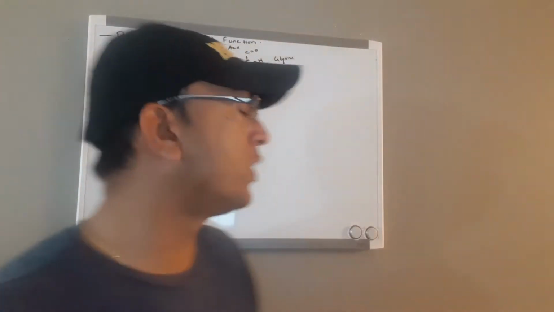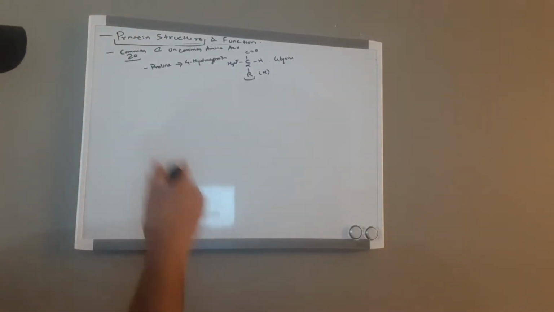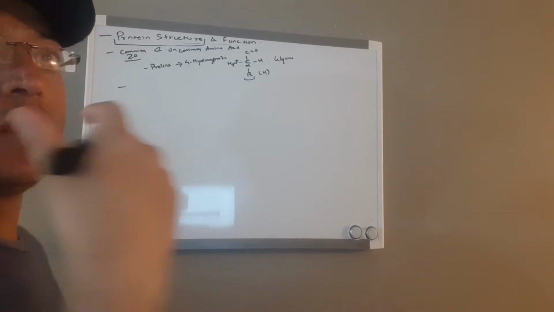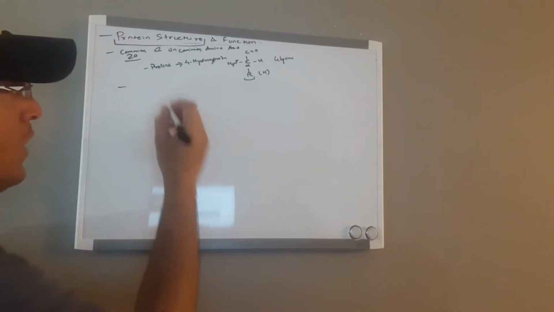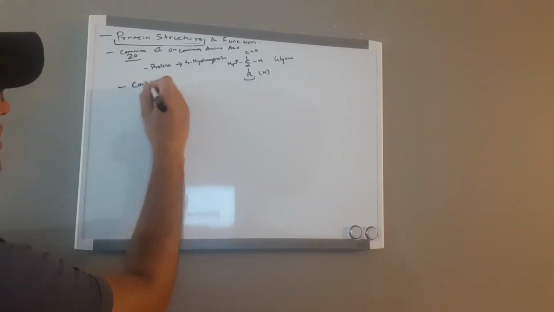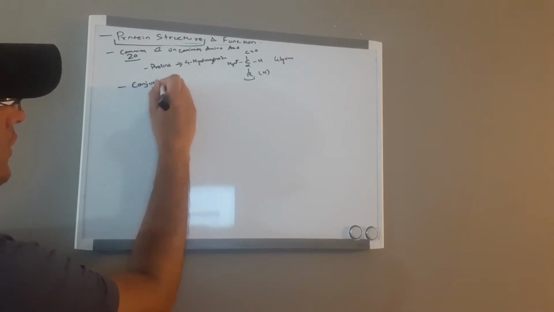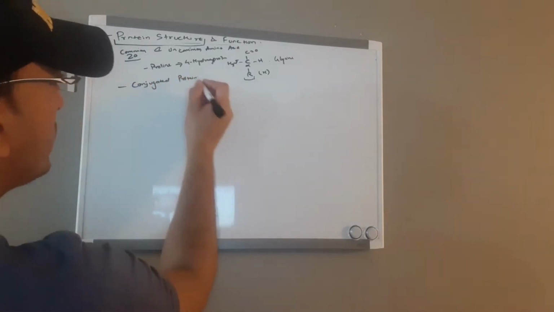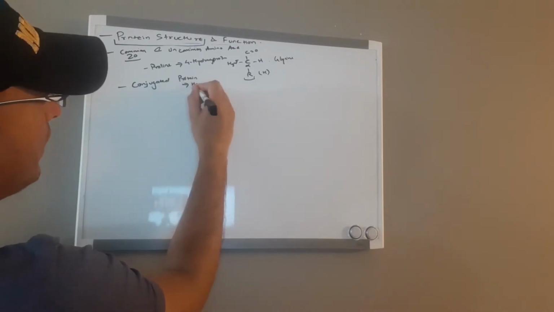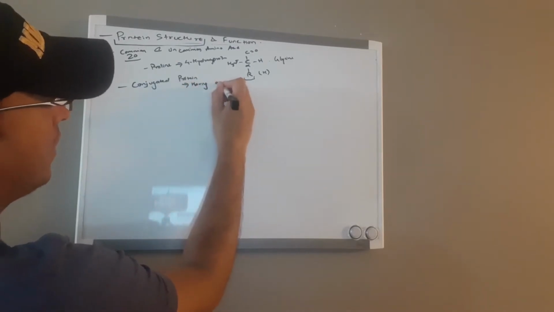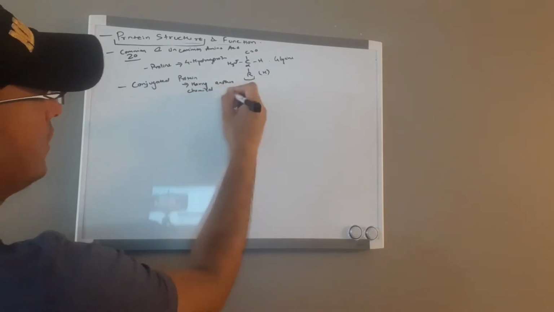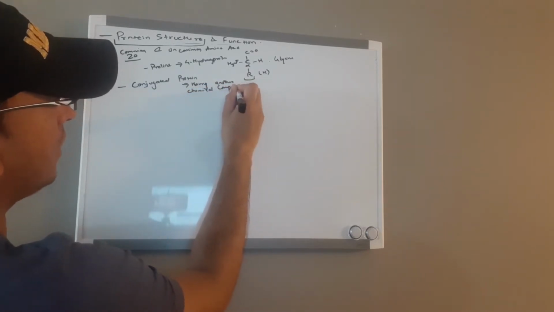Right? Then some proteins have, beside the amino acid group, another chemical component as well, and those proteins are known as conjugated proteins, and that group is known as the prosthetic group, right? So conjugated proteins means having another chemical component.